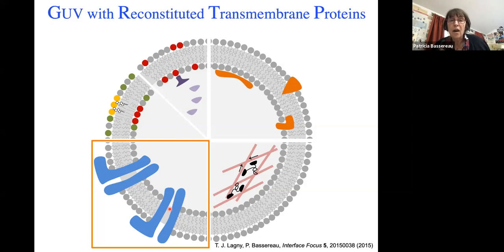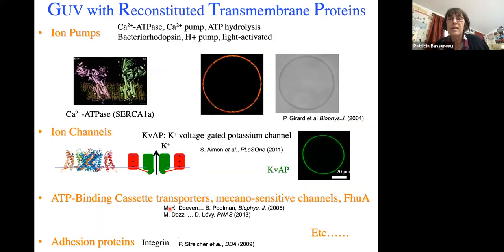Over the years, many proteins have now been purified and reconstituted in giant vesicles. It could be ion pumps, like bacteriorhodopsin, for instance, or some calcium pumps. It could be ion channels, which also transport ions across the membrane.